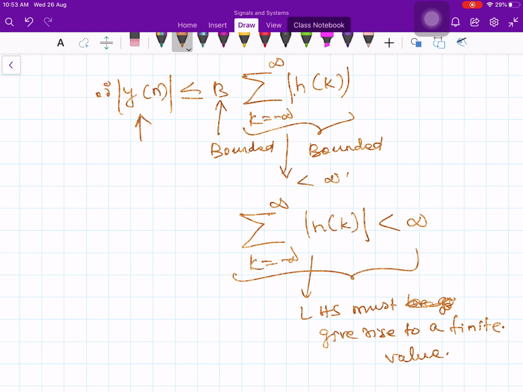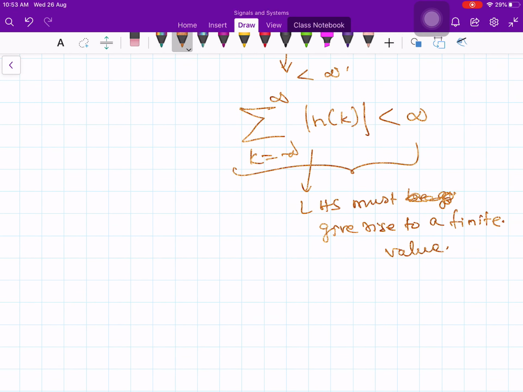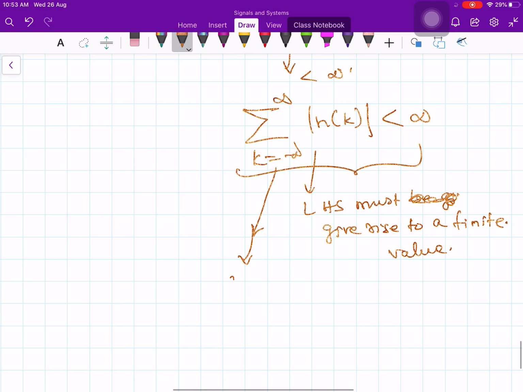Okay, so we can conclude that if the impulse response is absolutely summable, it gives a finite value, because you are summing over the absolute value, the magnitude value. That is why this is called an absolute summation. You can call it absolute summation or magnitude summation, whatever it is.